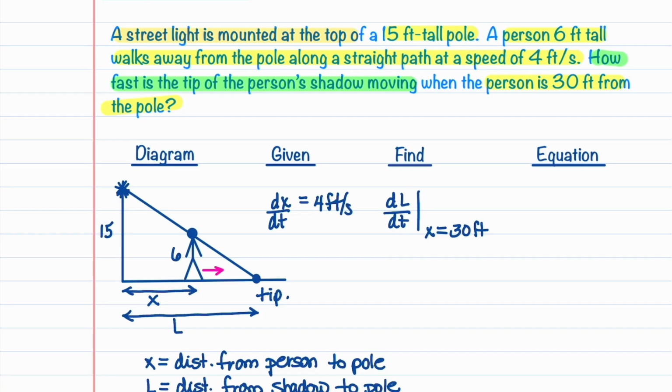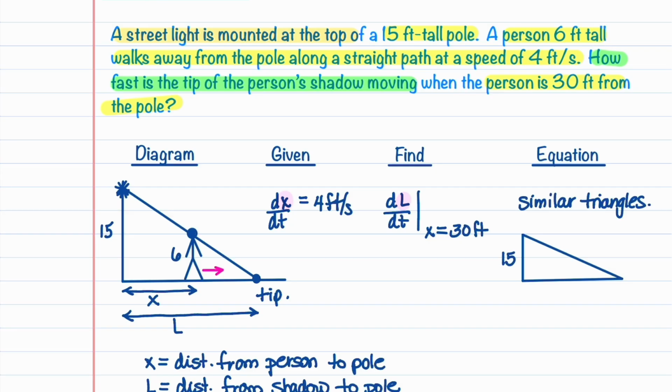Now what we need to do is find an equation that relates x to L. We are going to use what's called similar triangles to get this relationship. I'm going to go ahead and copy down our big triangle. And let's label this.